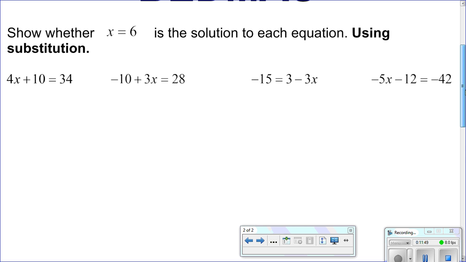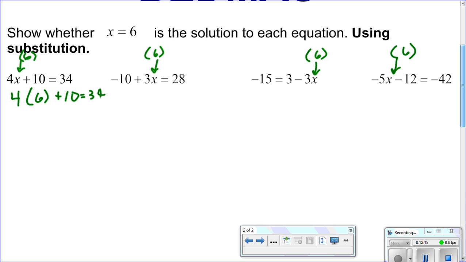So substituting into the first one, that means every time we see an x, we are going to replace it with a 6. So this x is going to become a 6. This x is going to become a 6. Okay, so looking at the first equation, 4, remember it's 4 times 6, not 46, plus 10 should equal 34.